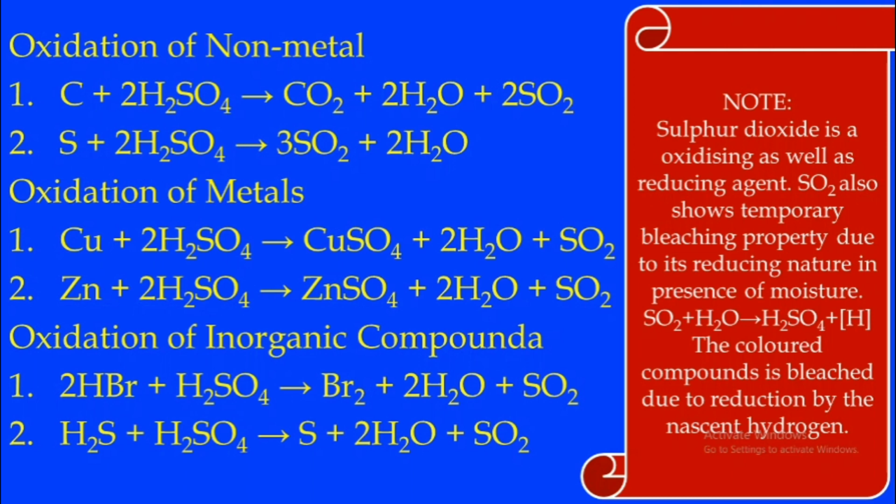You can see in the equation nascent hydrogen is shown in square bracket. The color compound is bleached due to reduction by this nascent hydrogen. So this is how sulfur dioxide reduces the color compound into colorless compound and thus the bleaching process occurs.